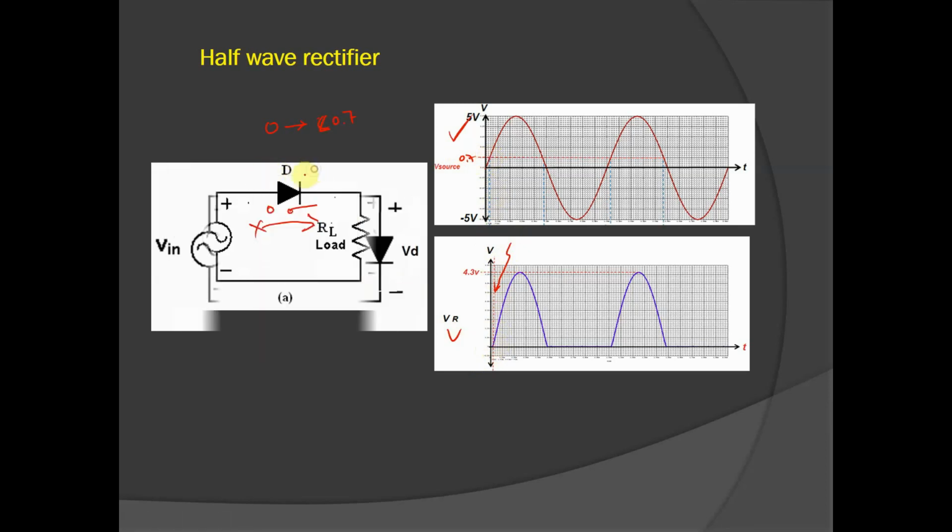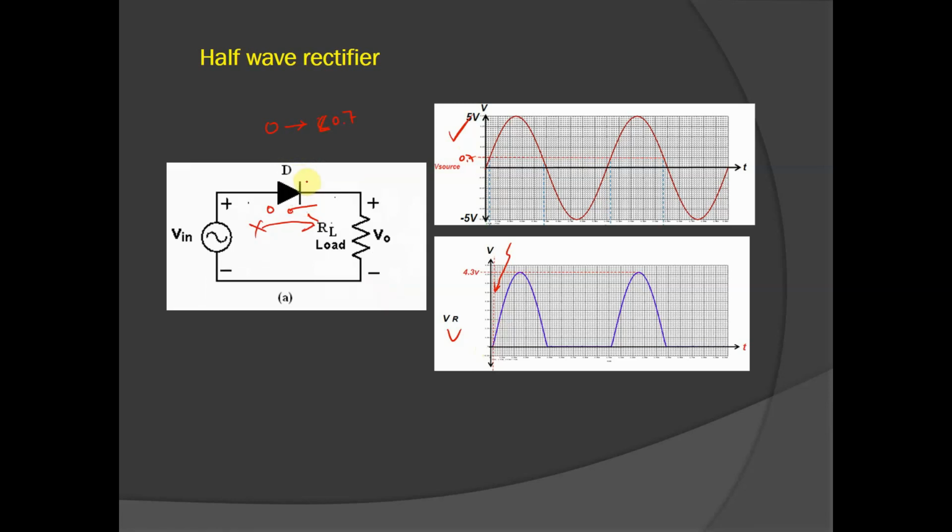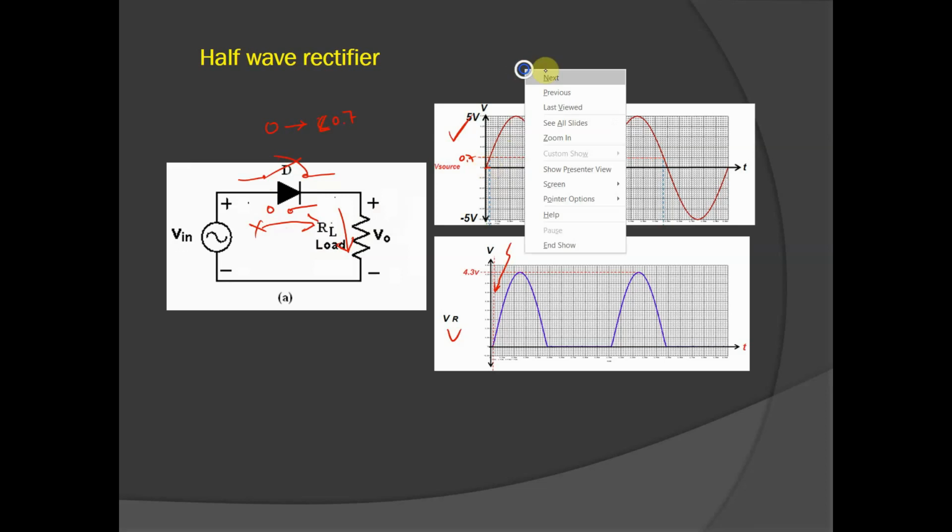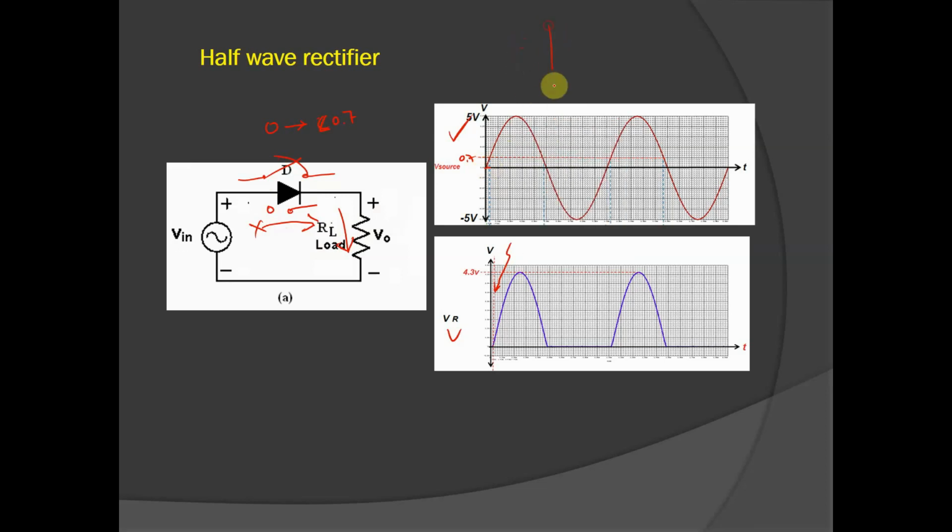The switch here started to close, and then a current will start to flow, and if there is current flowing here, we will have an output. Just to exaggerate this portion, at this point here there is no output, until this point, where it will start to go up.